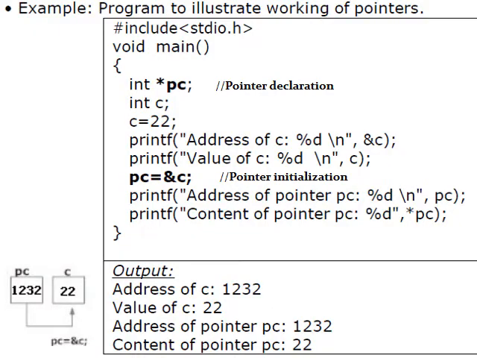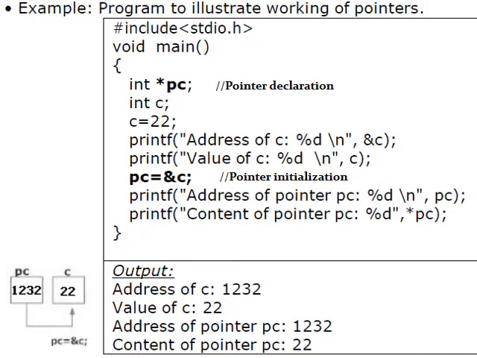Here in this slide we have shown one small example which shows both the pointer variable declaration as well as pointer initialization. In this program we have declared a pointer variable PC. You can see here in void main we have declared a pointer variable as int *PC. That is a pointer declaration. Once the pointer variable is declared, we have to assign an address to it.